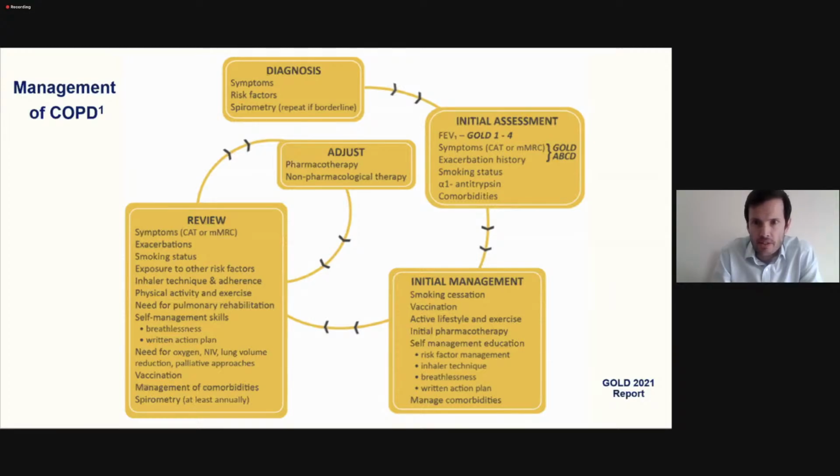As shown in this figure, individual patient factors such as symptoms, exacerbations, comorbidities, treatment effects, adverse effects, inhaler technique, and compliance should be periodically reviewed. And consequently, both pharmacological and non-pharmacological therapy should be adjusted based on these regular reviews if that is indicated.